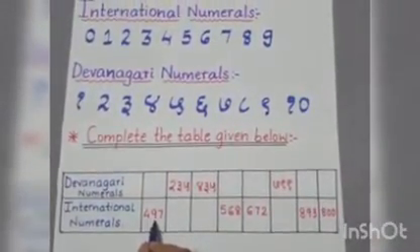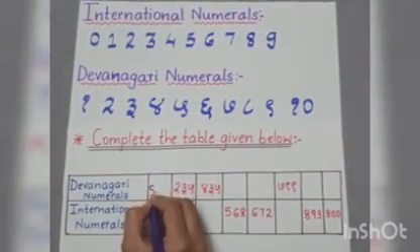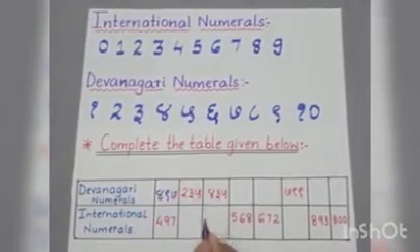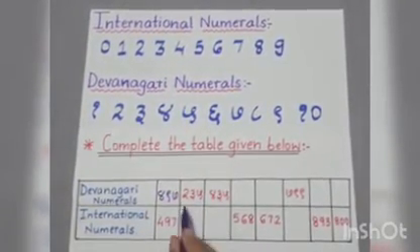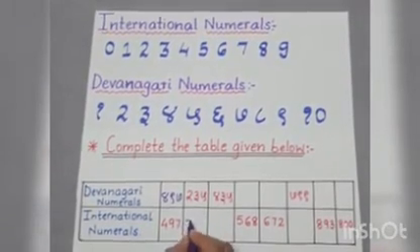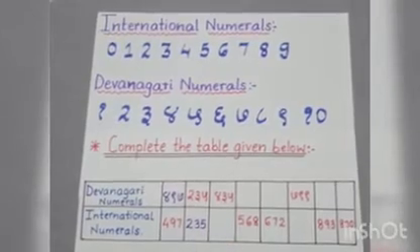So how we'll write 497 children? In Devanagari numerals 4, 9 and 7. How we'll write 235 in international numeral? We'll write as 2, 3 and 5. Very good.